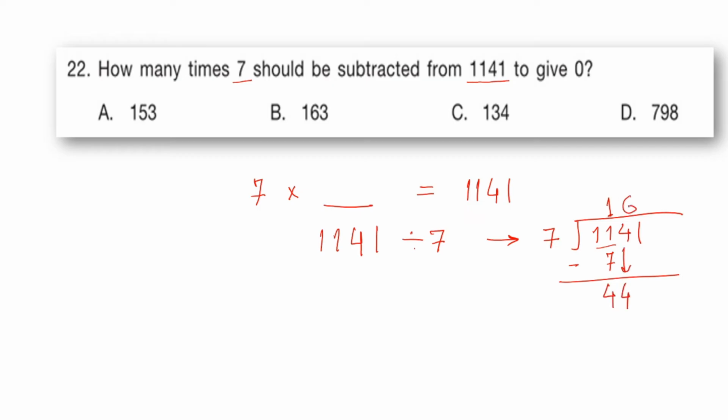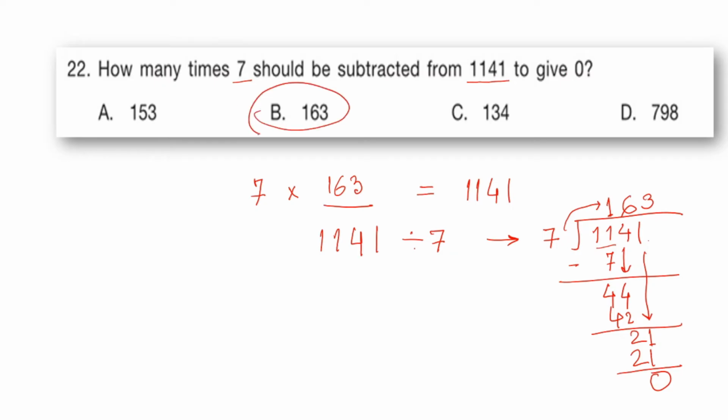Now 7 times 6 is 42. 2 remaining, I'll bring down the 1, and this is 7 times 3 is 21, which leaves us with 0. So if 7 is multiplied by 163, it gets 1141. So here comes 163, and that would result in 0 when subtracted from 1141. So our answer is option B.